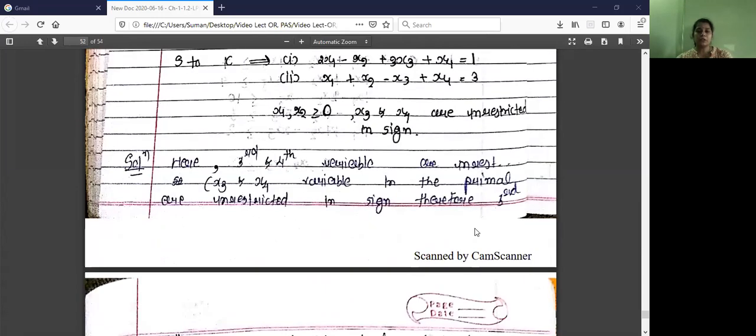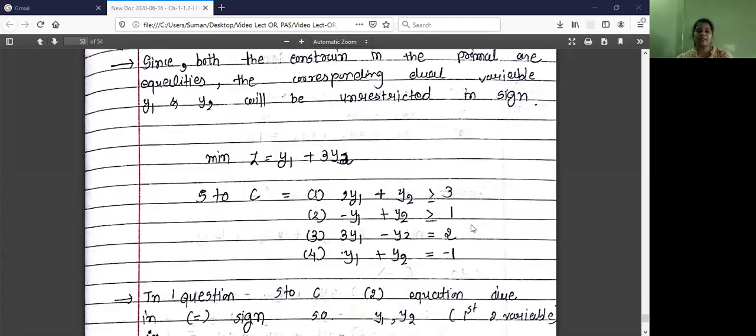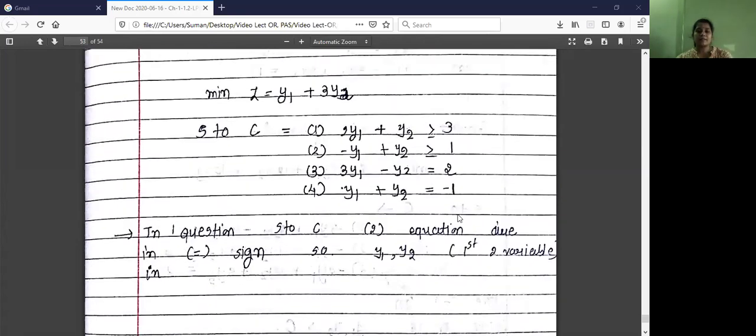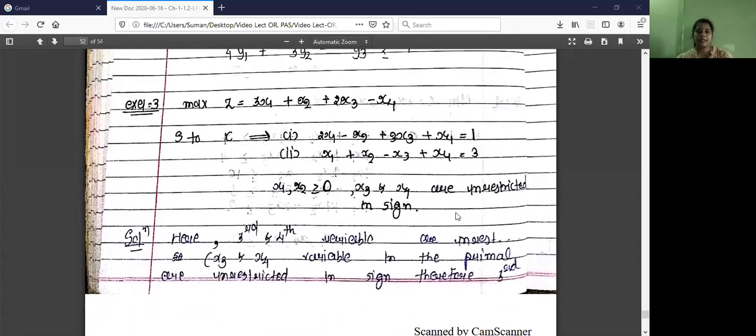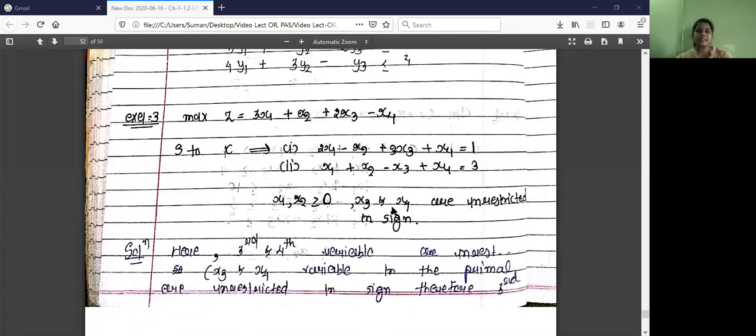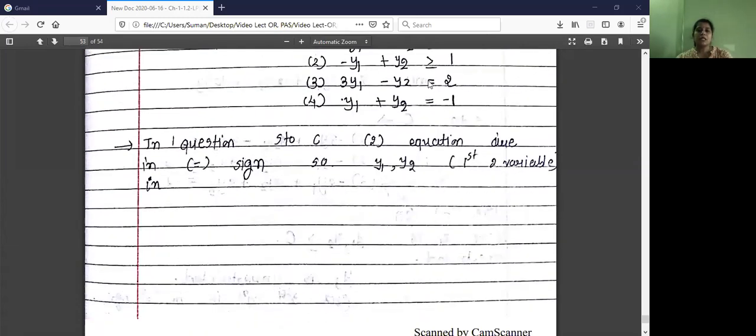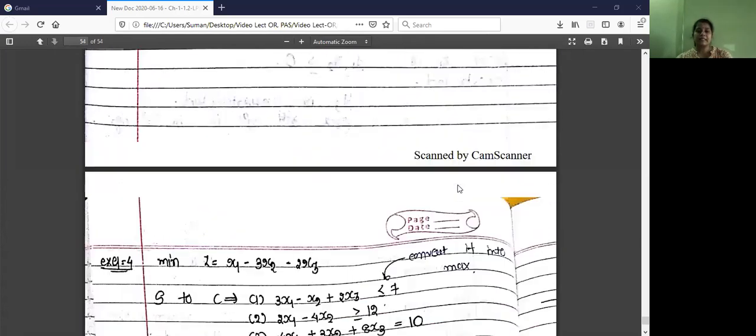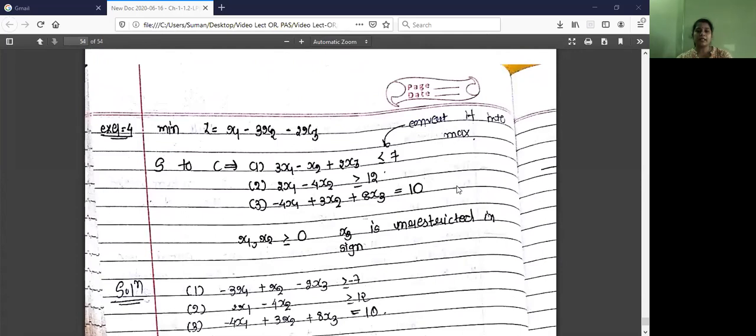So in our dual we write y1 and y2 unrestricted in sign, and if a variable is unrestricted in sign in our primal, then we use equal to type for the corresponding equations. So this is a very interesting question about dual and primal.